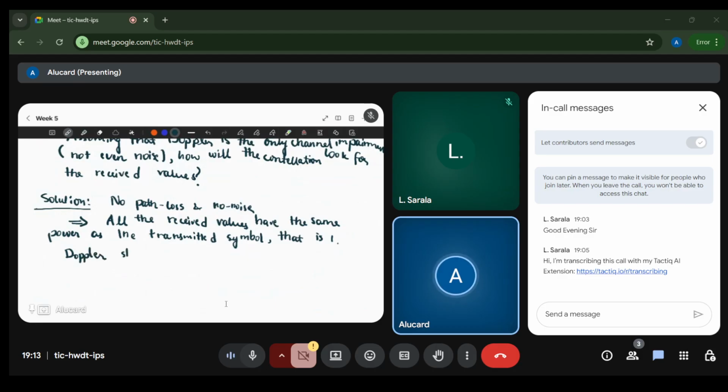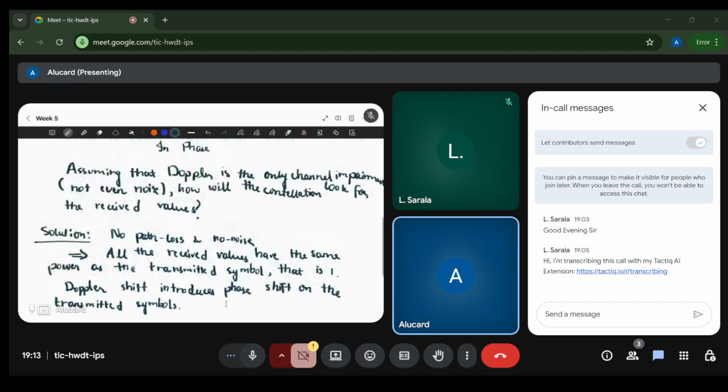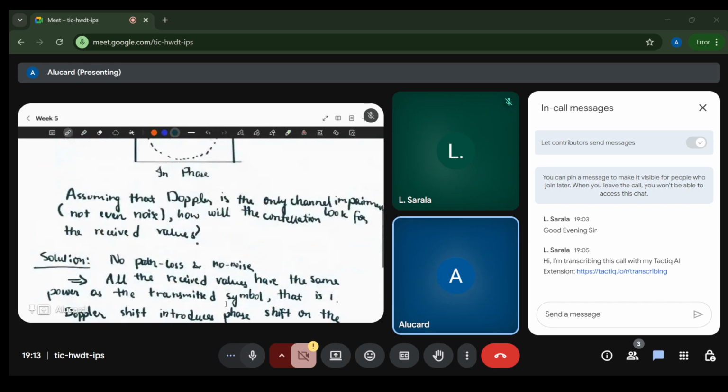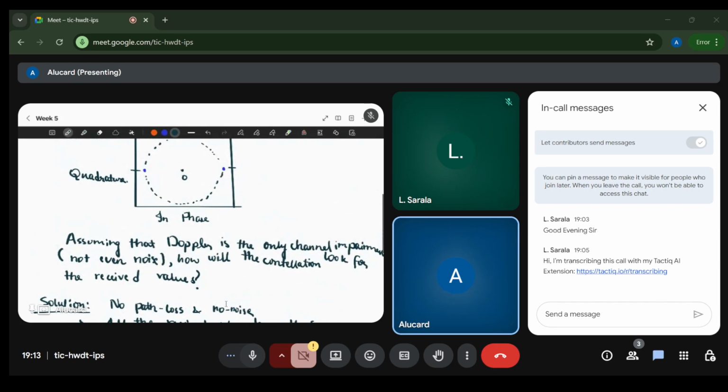Another remark is that the Doppler shift introduces a phase shift on the transmitted symbols. Here, this is 1, this is -1.